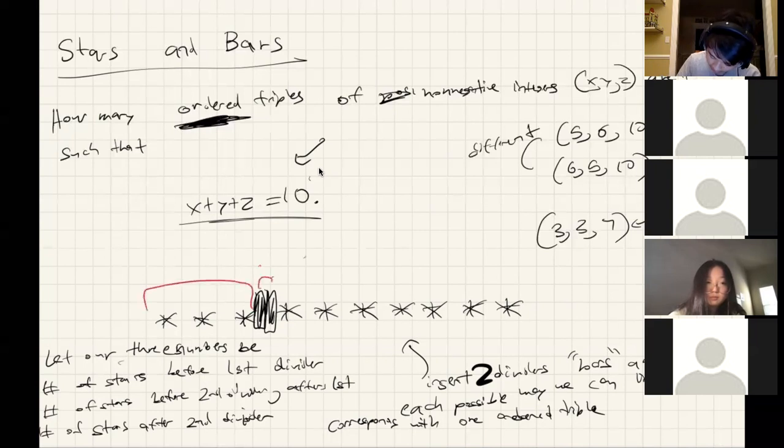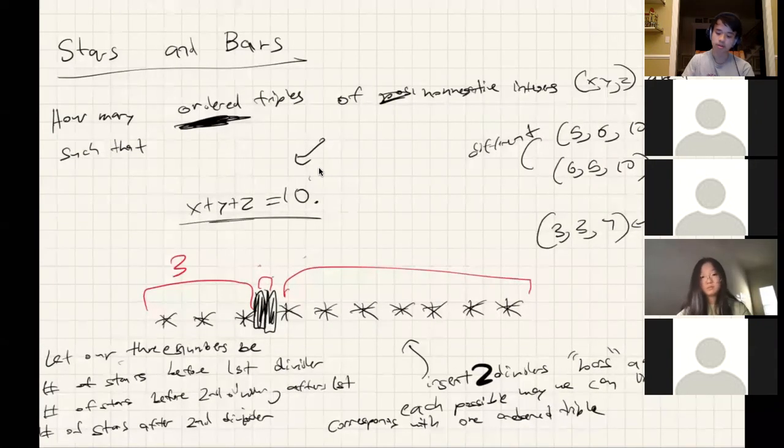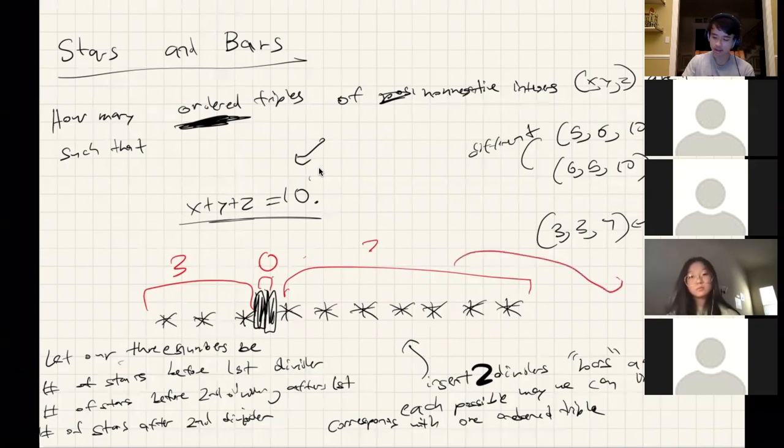And the key idea is that by counting the numbers of stars in each of these 3 groups, we get an ordered triple of non-negative integers that sums to 10, because there's 10 stars in total.